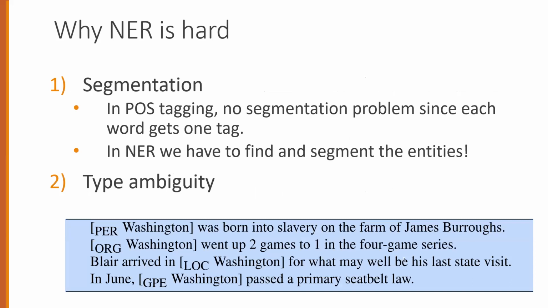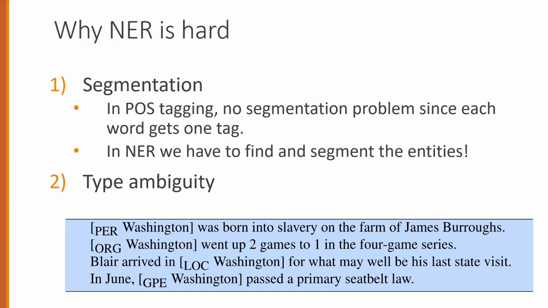Unlike part of speech tagging, where there is no segmentation problem, since each word gets one tag, the task of named entity recognition is to find and label spans of text, and is difficult partly because of the ambiguity of segmentation. We need to decide what's an entity and what isn't, and where the boundaries are.